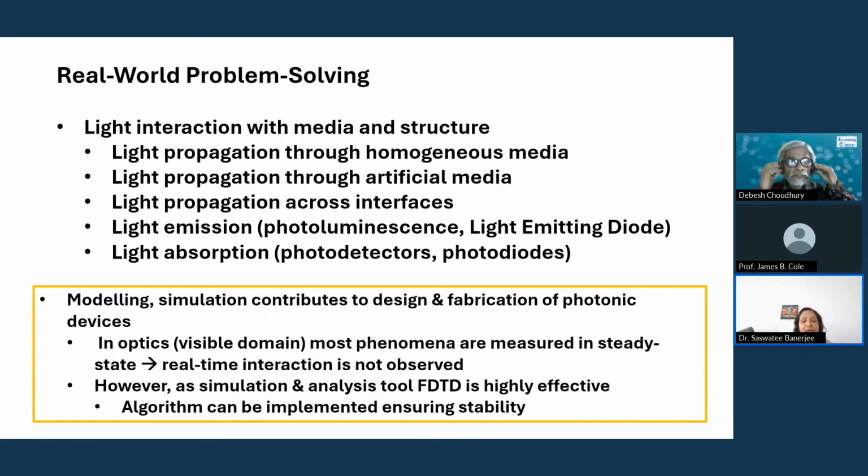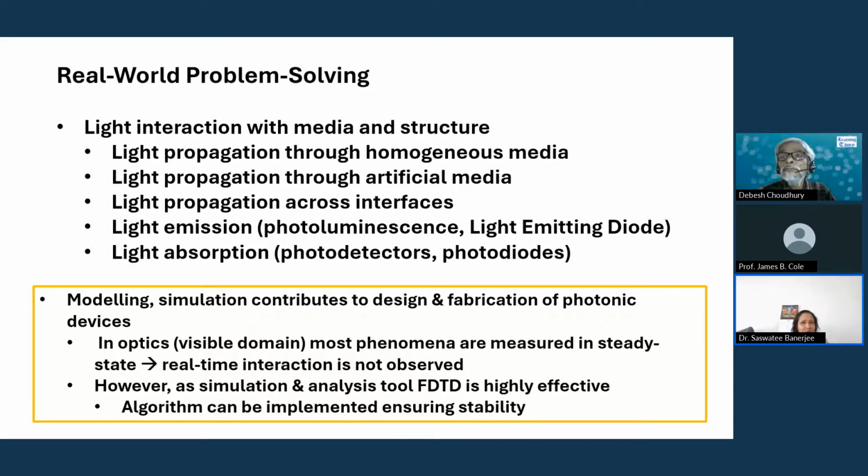As I already said, I'm more interested in the visible domain. I work in the visible domain a lot. What I see here is that in reality, we don't really measure the real-time interaction so much. In optics, we measure more the steady state behavior. I think Professor Cole did show you the precursor wave, etc. There are these transient behaviors which come out if you study it in real time.